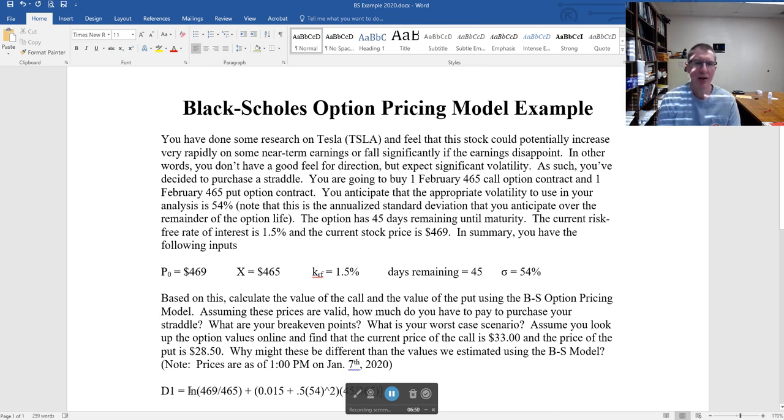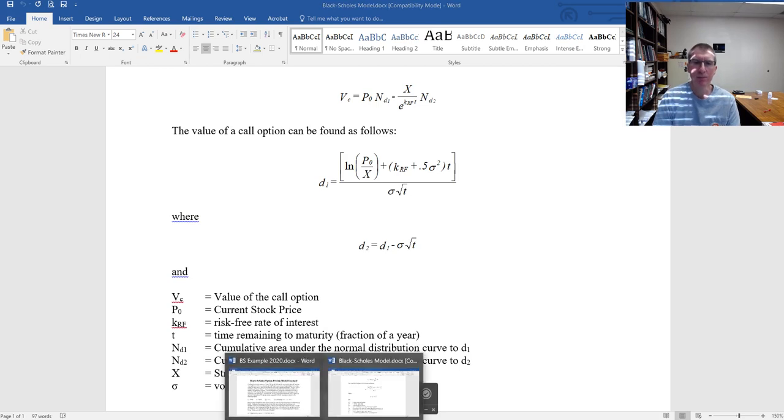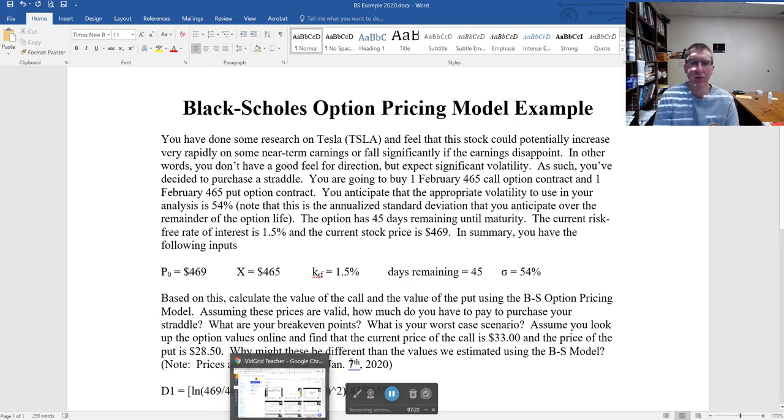So we have all that. Now I'm going to put that in brackets to remind us that we're going to do that calculation first. And then once we've done that, we'll divide that by the standard deviation times the square root of time. So our standard deviation, I do need to go back here. This is not 54, it's 0.54.